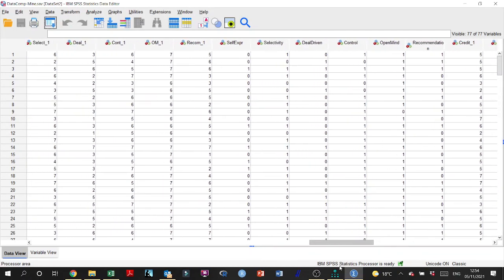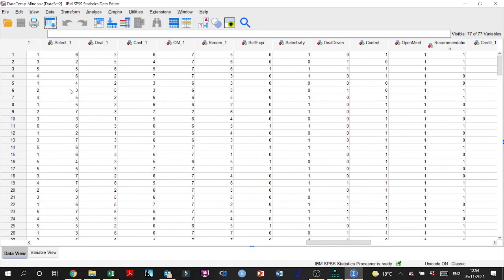So self-expression, for example, or selectivity here, was measured on a scale from 1 to 7. We consider anything above 4, meaning 5, 6, and 7, as scoring high on selectivity, and anything other than 5, 6, and 7 is considered low.